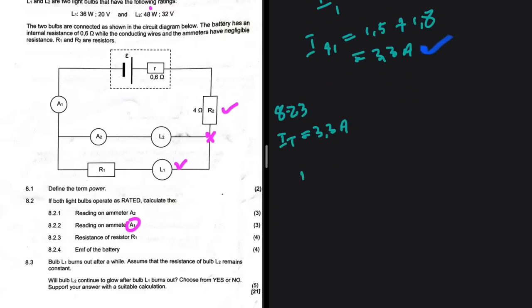We know fully well that VP is equals to IT multiplied by RP, right? So do we have VP? Because if we have VP, we can easily then calculate the resistance on R1. Okay, so let's take a look and see if we can do that.